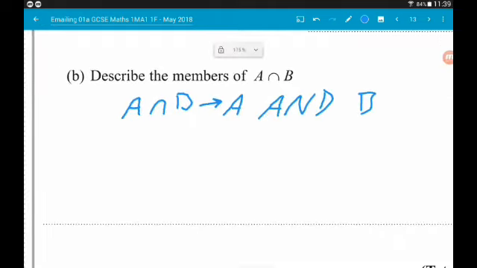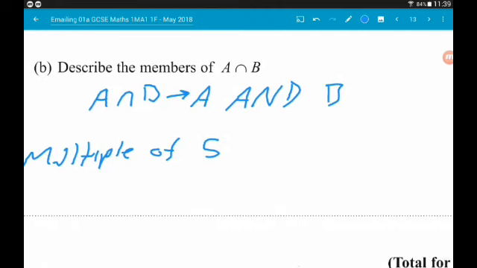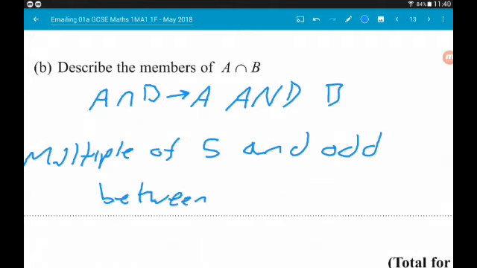So it means A, which is a multiple of 5, and B, so and odd, between 14 and 26.